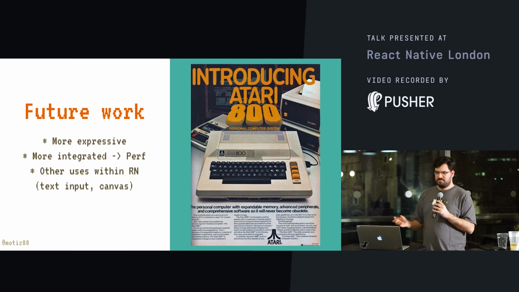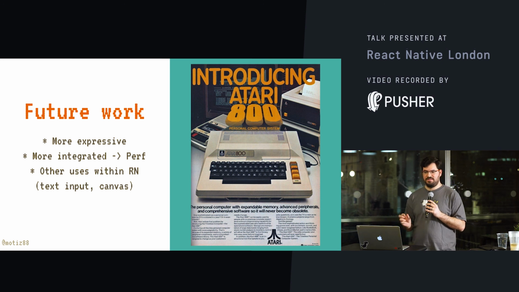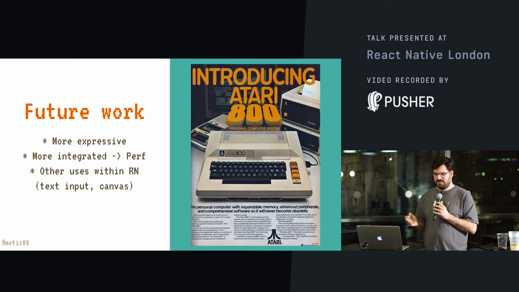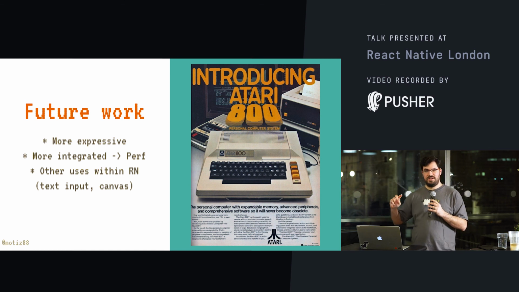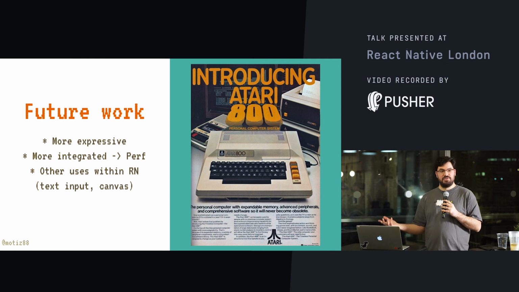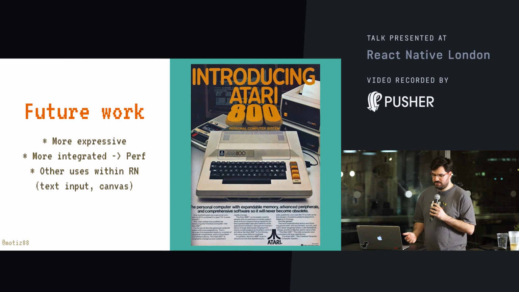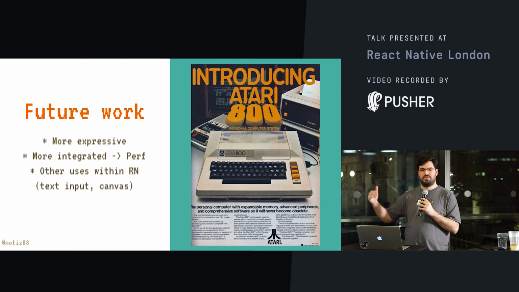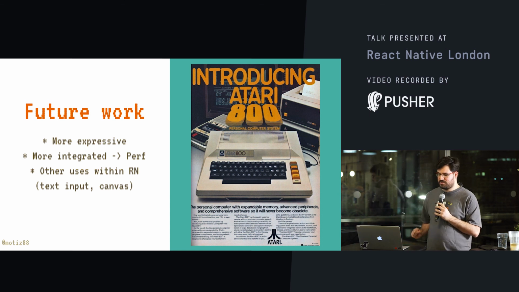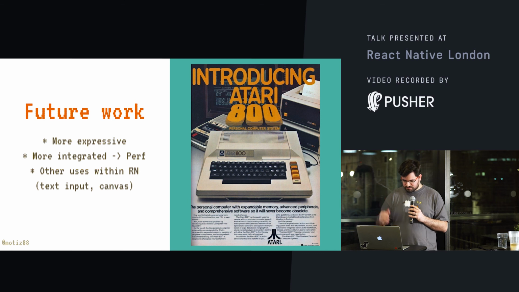I imagine very small event handlers, where just incurring the cost of the bridge traffic would be too expensive, would be too slow. I had the idea of exploring maybe a canvas-type API where you can send a small, imperative drawing program over to the native side and then have that executed really quickly rather than sending instruction by instruction. So these are all ideas.